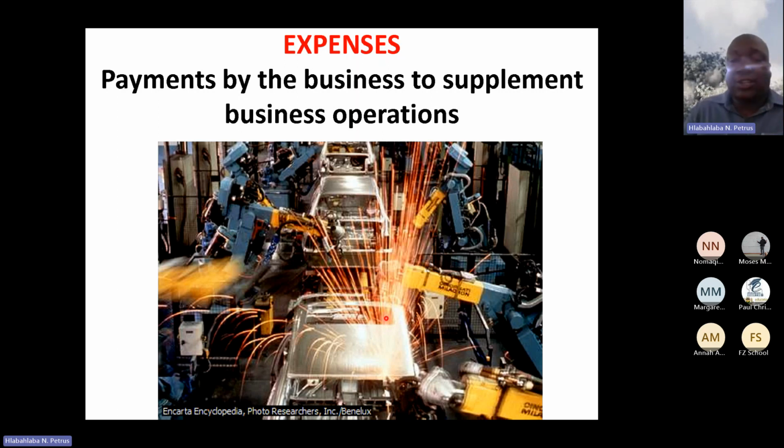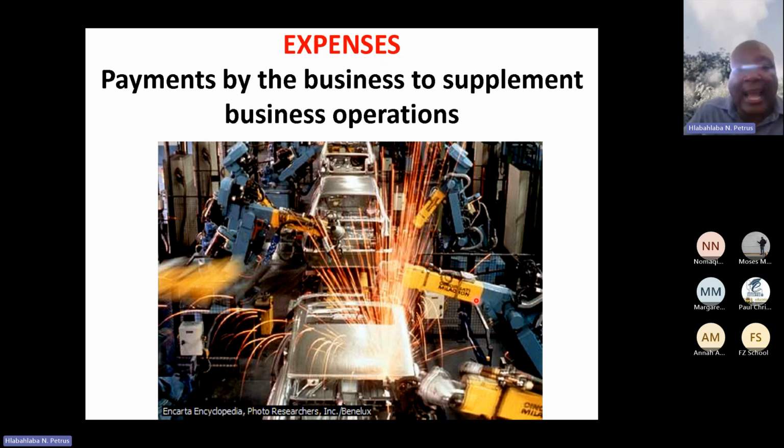Here, in the example shown, the expenses that we pay will be the people who are operating these machines to make these cars. We have to pay those employees who are operating these robots. So when we pay them, it will be part of the expenses.